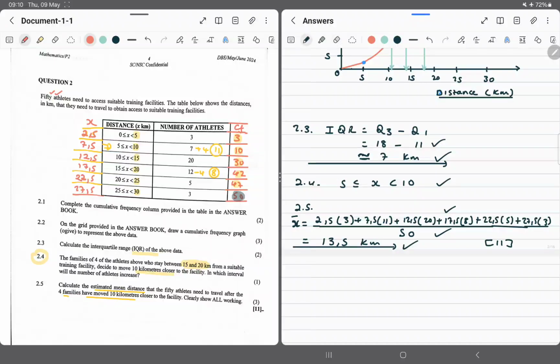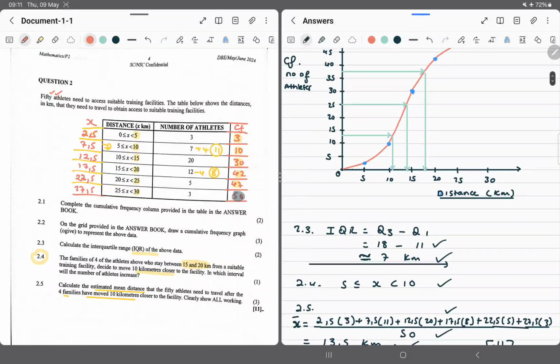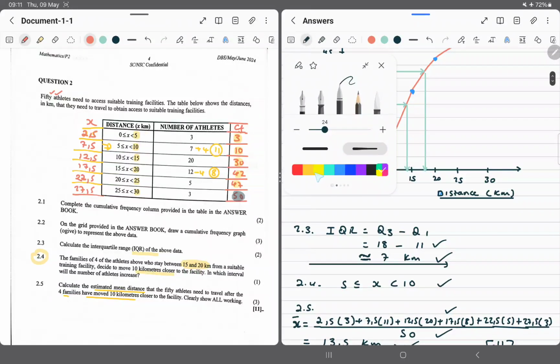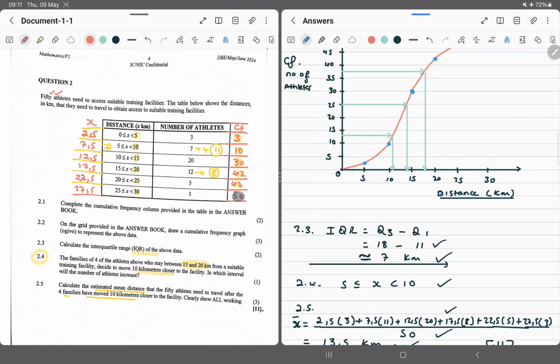Okay guys, so that is the story here. Let me just label these ones here so that anyone who's going to be looking at that memo could understand what I'm doing. I'm just going to write Q1, perhaps it's better.